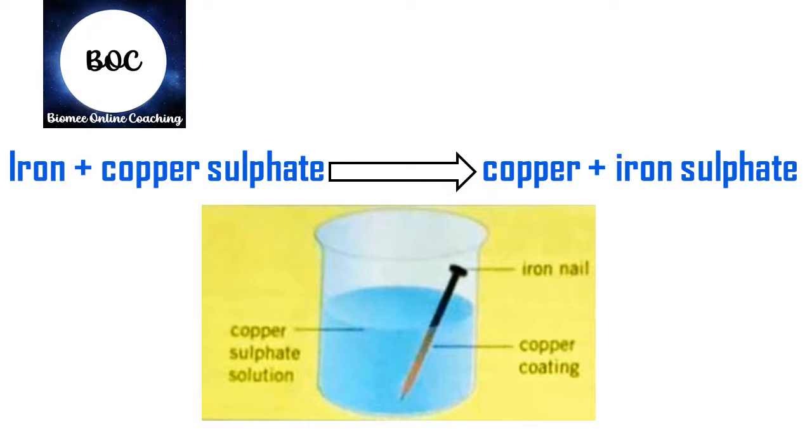In this reaction, no two reactants combine to form a product, nor does one reactant break down to form two or more new substances or products. But here only replacement, or displacement, takes place between two metals.